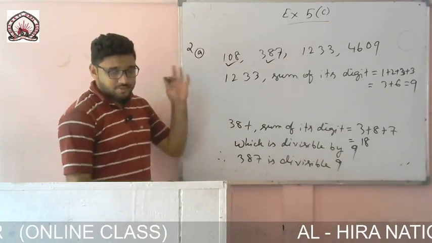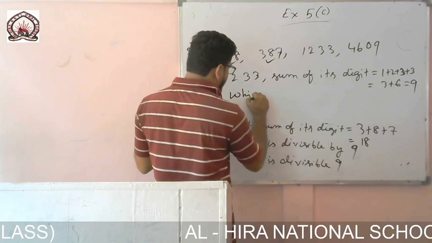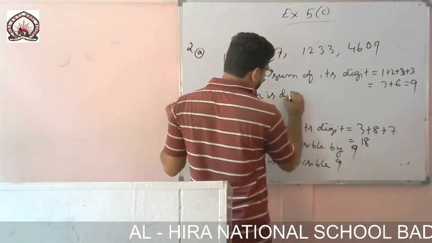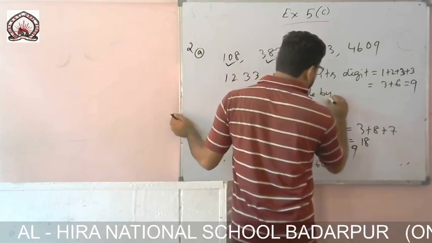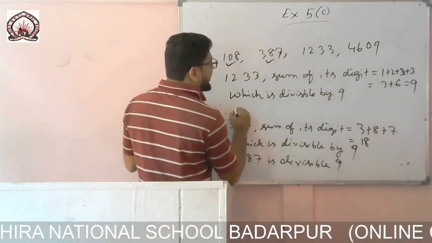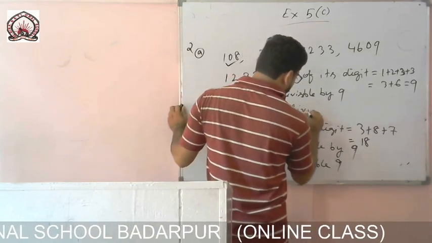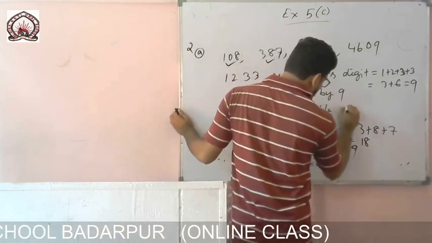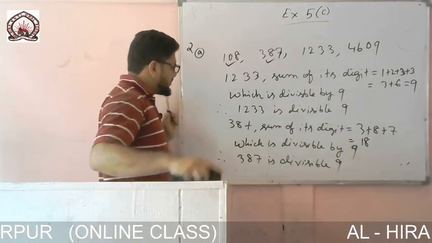So again 9 is divisible by 9. Therefore 1233 is divisible by 9. Okay, now check the last one.